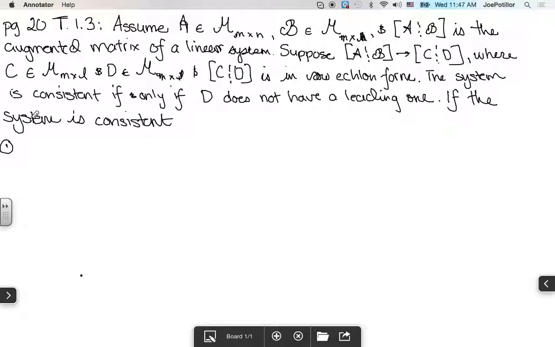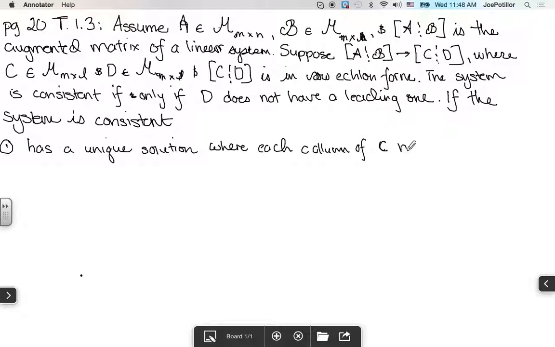Part 1: it has a unique solution, where each column of C has a leading one.